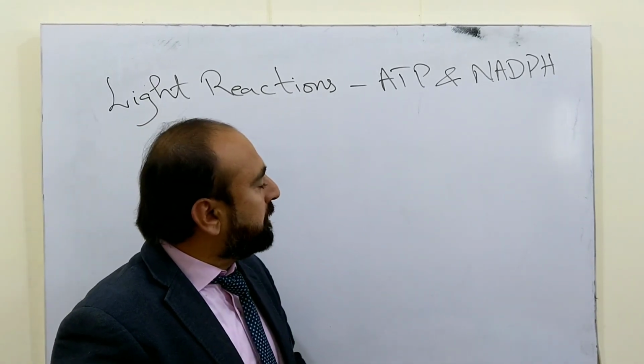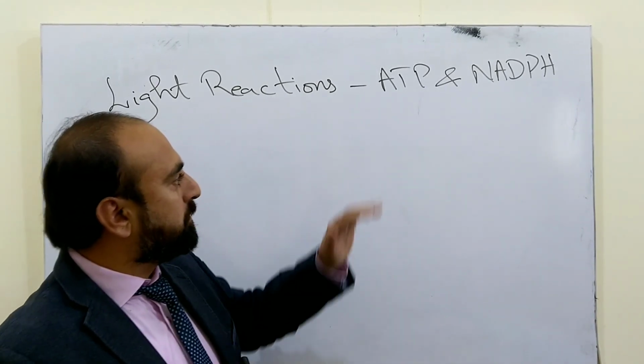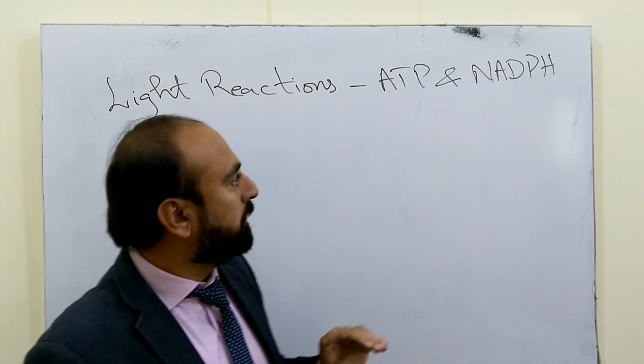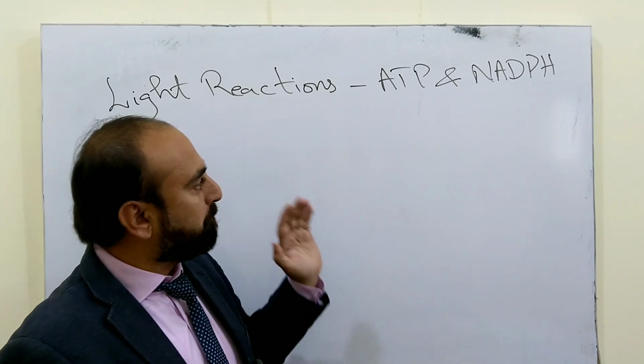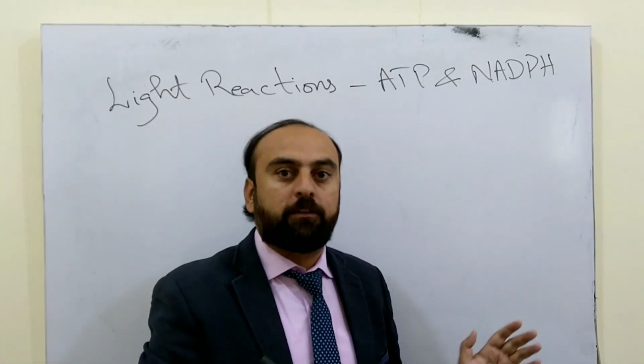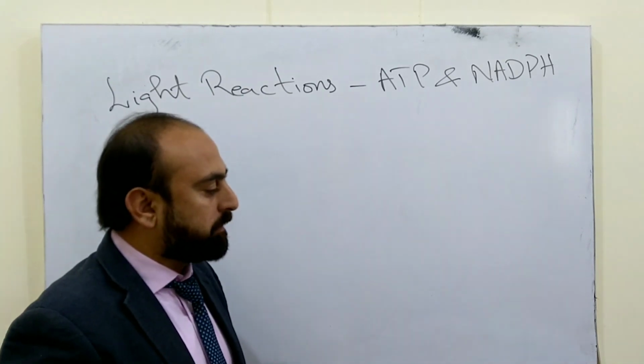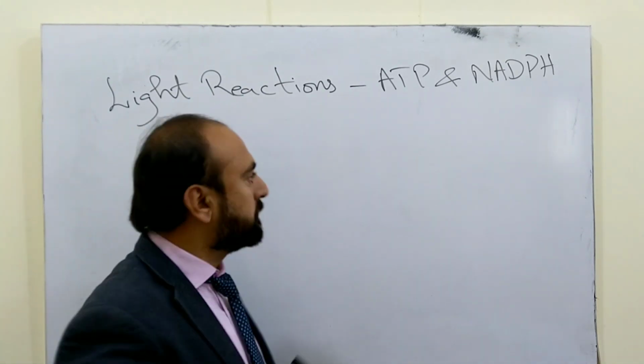Now in the next set of reactions, by using this ATP and NADPH generated in light reaction, we will discuss how we can reduce carbon dioxide to carbohydrates. The next set of reactions has different names.